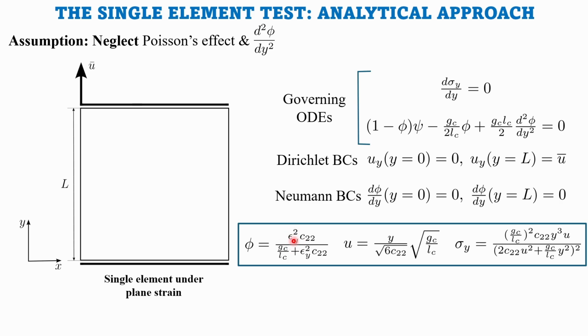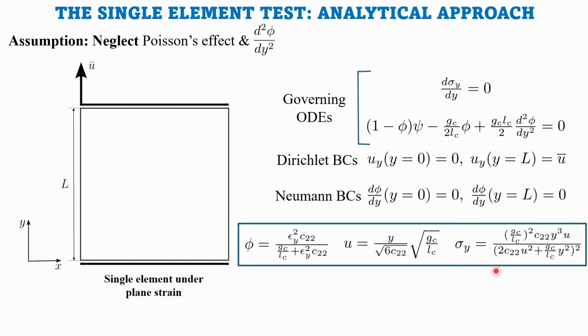So your epsilon y will be basically the change of length to original length, or u bar by L, divided by GC by LC. GC is the energy release rate and LC is the length scale parameter. Plus again this term. And u is y times root under 6 C22 into root of GC by LC, where y is the distance along the y direction.